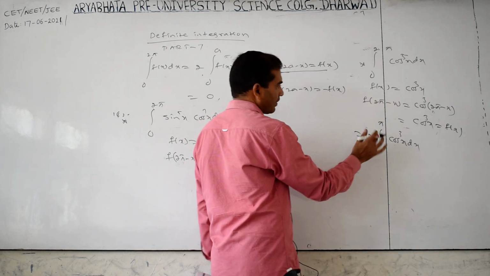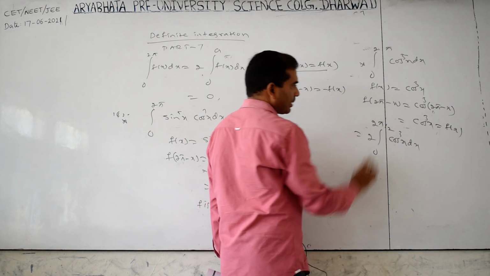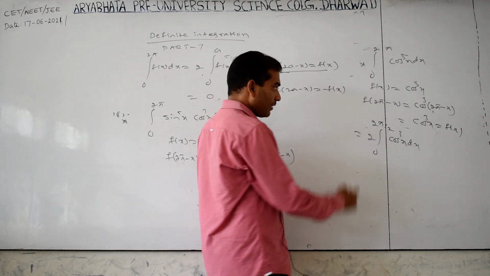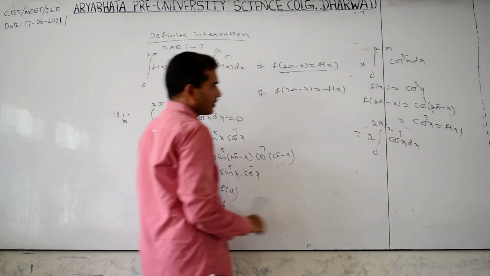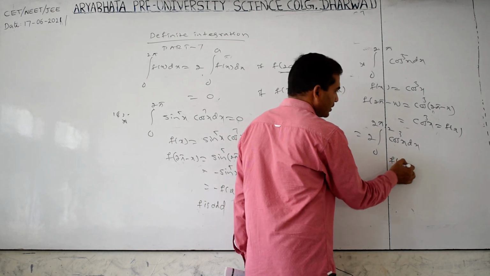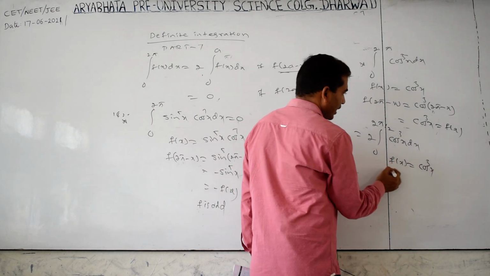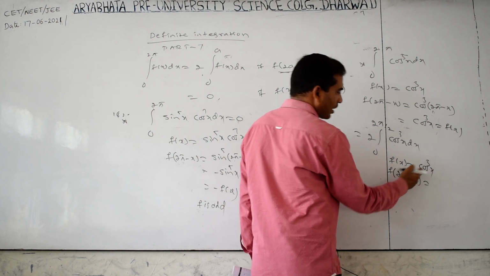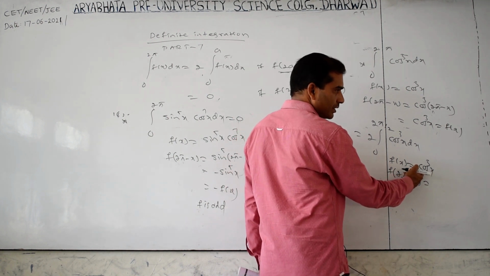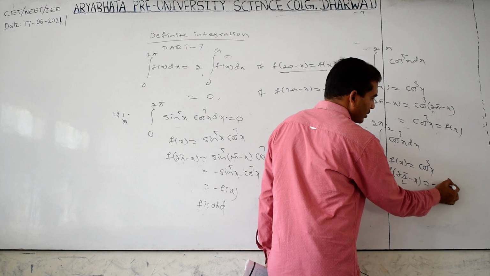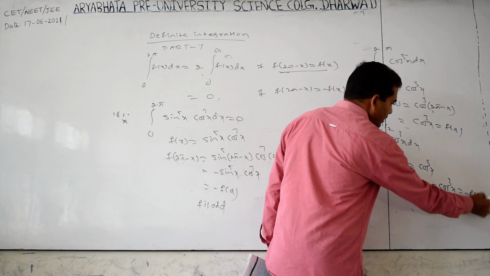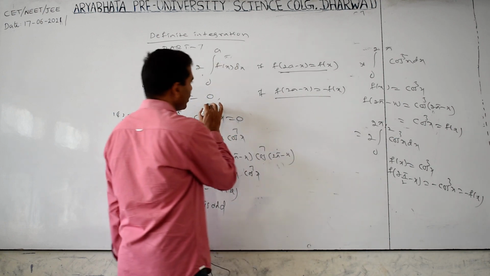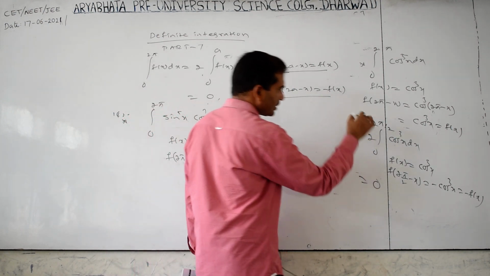Again this is a big interval, again we can write 2 into pi by 2, again in the form of 0 to 2a. Again verify this, 0 to 2a. f of x is equal to cos cube x, f of 2 times pi by 2 minus x equals cos of pi minus x, which is minus, so minus cos cube x, which is equal to minus f of x. In the second case, we got this, then the value becomes 0. This value is 0.